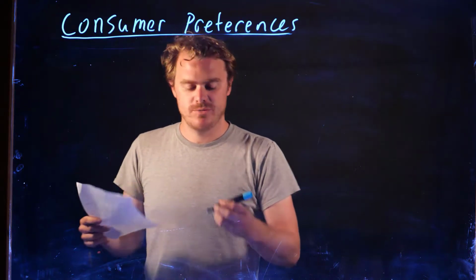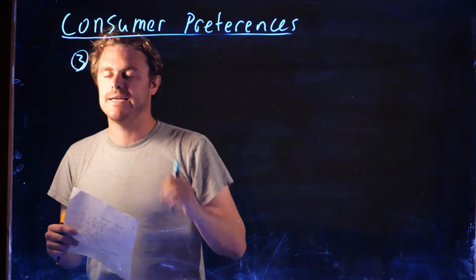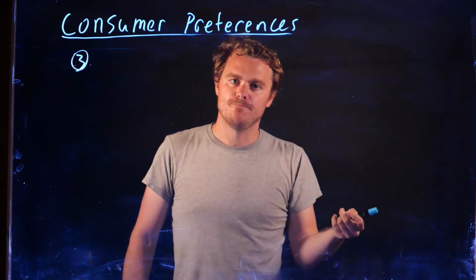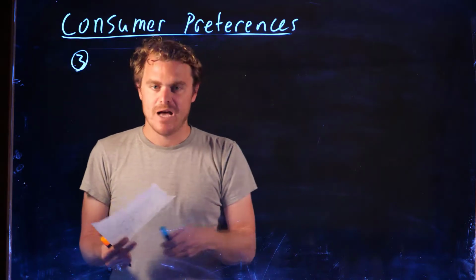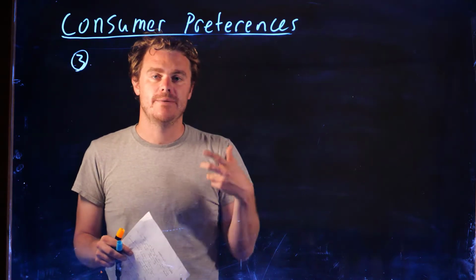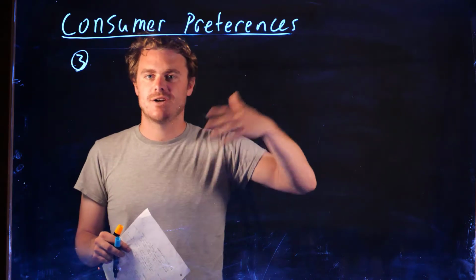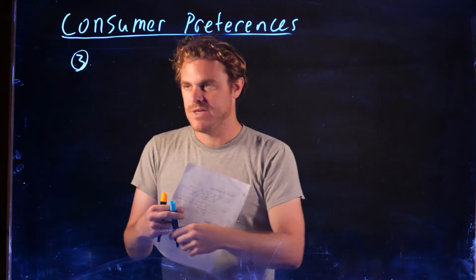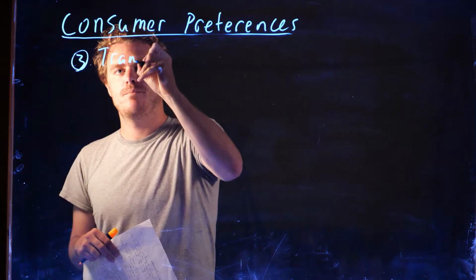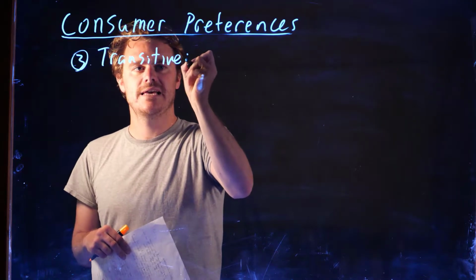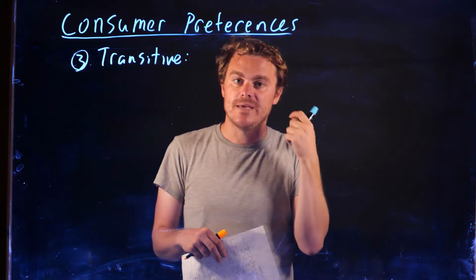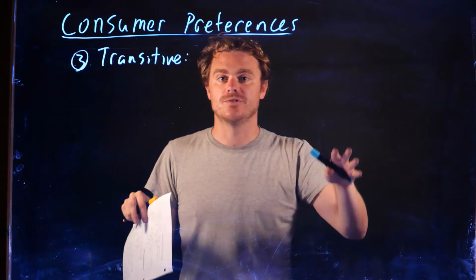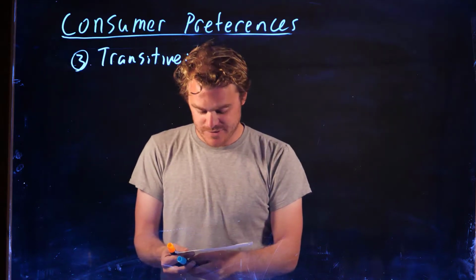The third assumption is maybe a bit more problematic. It's not even that it's problematic, it's that we're making an assumption about behavior, which is different than a necessary property of preferences. To start looking at bundles, they need to be complete so we can actually compare them. But the idea that preferences are transitive is an assumption about actual human behavior, rather than something we need to be able to say anything about consumer preferences.